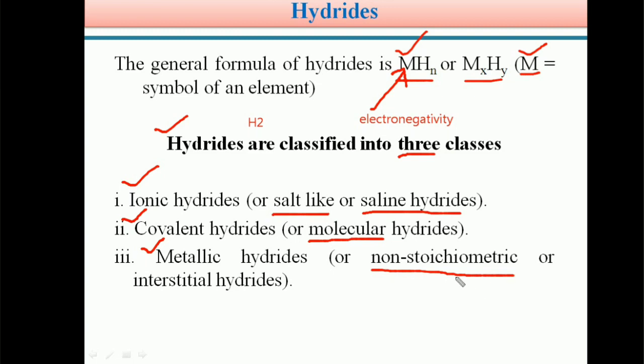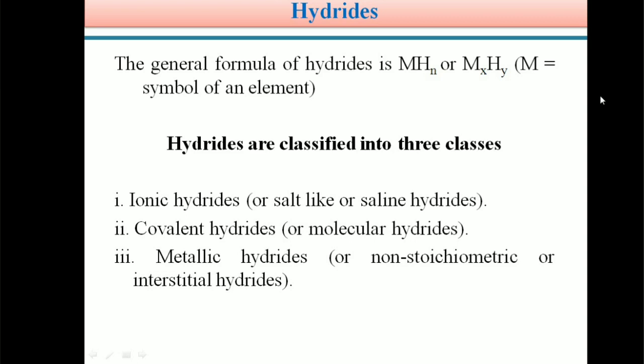And these non-stoichiometric hydrides or metallic hydrides are also known as interstitial hydrides. So these are the different types of hydrides. In detail about ionic hydrides, covalent hydrides and metallic hydrides we can see one by one.